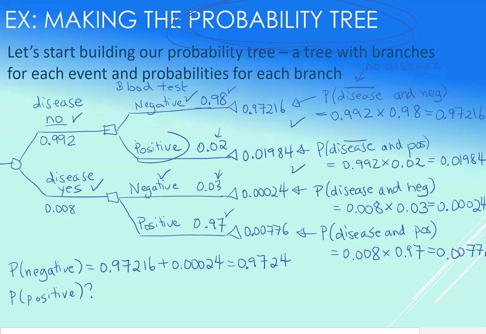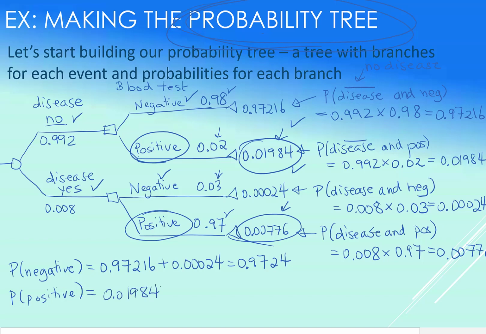And then to figure out how often we test positive, well, here are the probabilities here and here. So just add them together to get the total percentage of the time that the test returns a positive result. So just add those two numbers together and we get 0.0276.